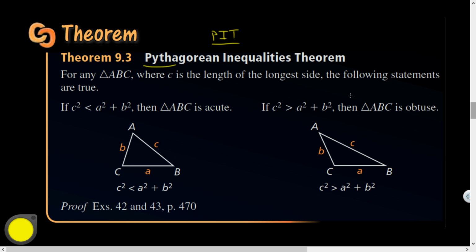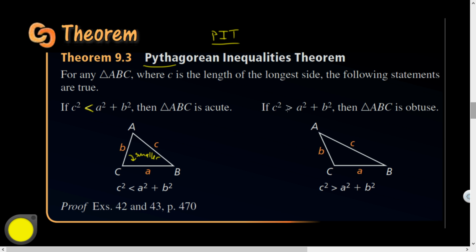It says, for any triangle ABC where c is the length of the longest side, the following statements are true. If the hypotenuse squared is less than the sum of the squares of the shorter sides, then it's acute. Imagine this: if this is less than, that means the hypotenuse got shorter and this angle got smaller, so it would be an acute triangle.